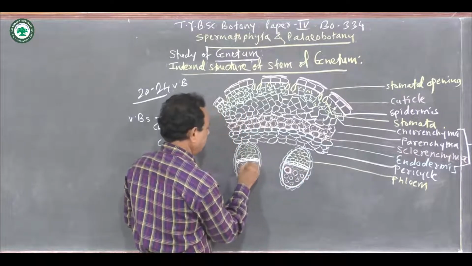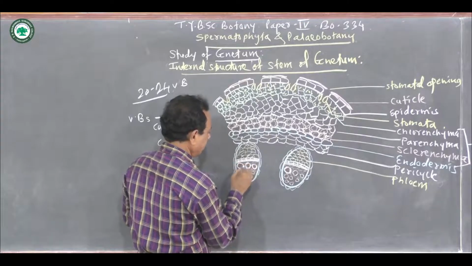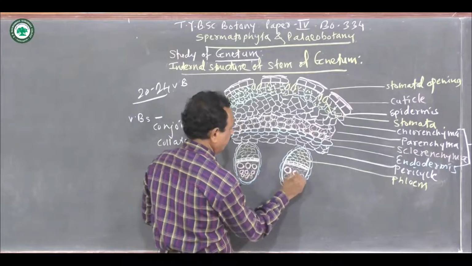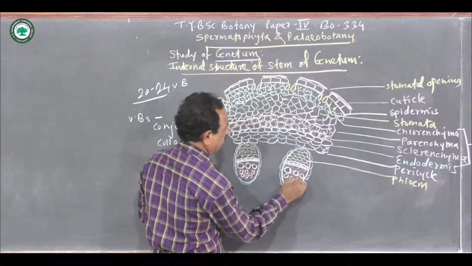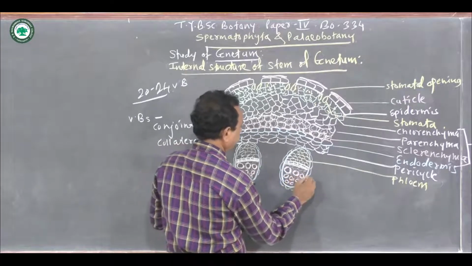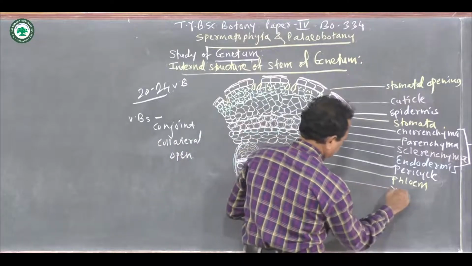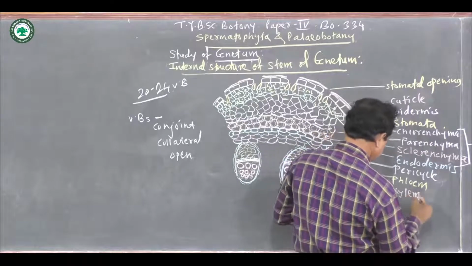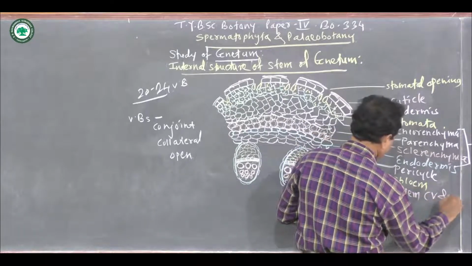So thus here, this xylem is with vessels and tracheids. These are the large sized cells, these are the vessels. So this is the xylem. It consists of the vessels and also the tracheids.